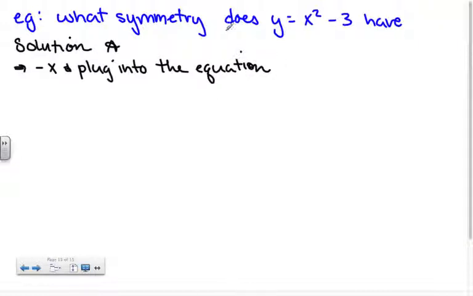So wherever I see x, I put a negative x. Okay. And if I get the same equation, it is symmetrical with the y-axis.